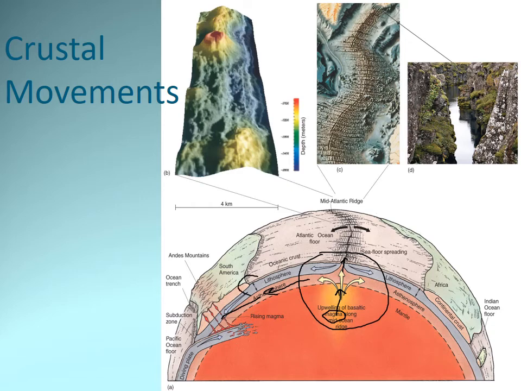Even though we don't see a large area of subduction right here on the eastern coast of South America, we see a major subduction zone along the west coast of South America. And in fact, that's one of the biggest reasons why we see large earthquakes, the Andes Mountains, and large volcanic eruptions along the west coast of South America.